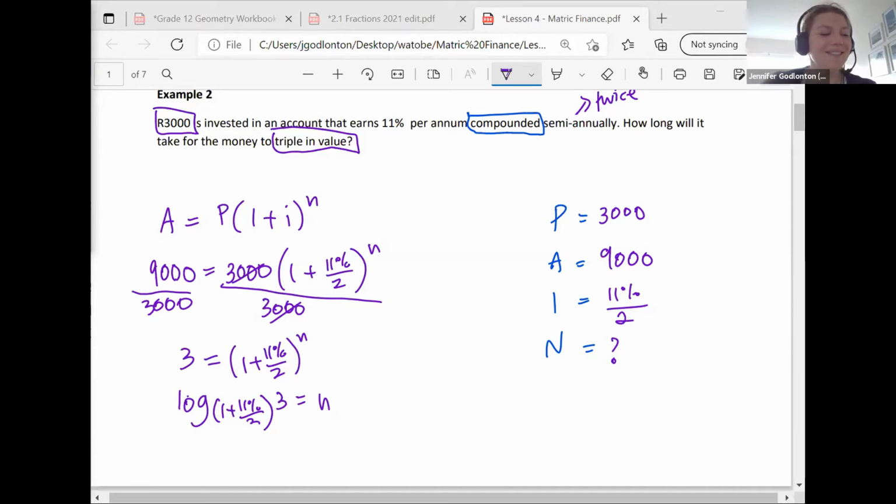No other takers? Benedict, are you certain on your answer? You do. Can you tell me why you think you would divide the final answer by 2?